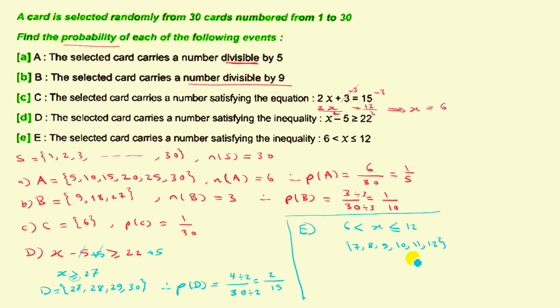How many elements do we have? 1, 2, 3, 4, 5, 6 elements. So the probability of E is equal to the number of elements of E, 6, over 30. These two numbers are divisible by 6. It will be 1 over 5.